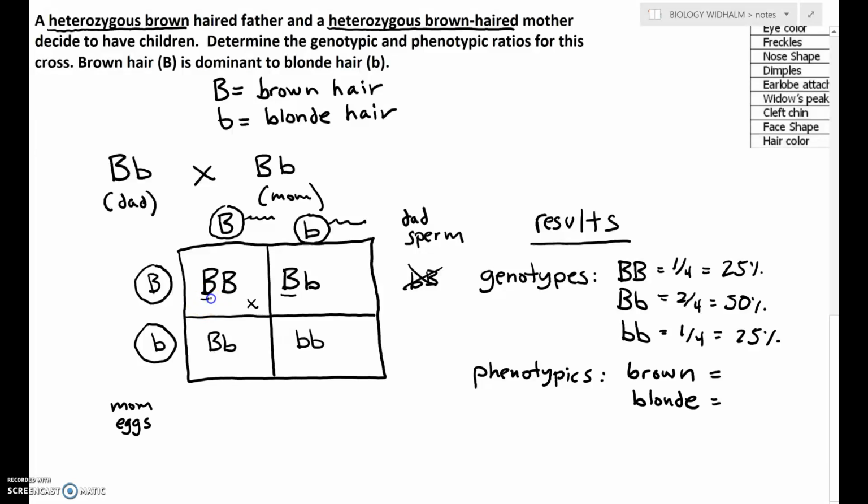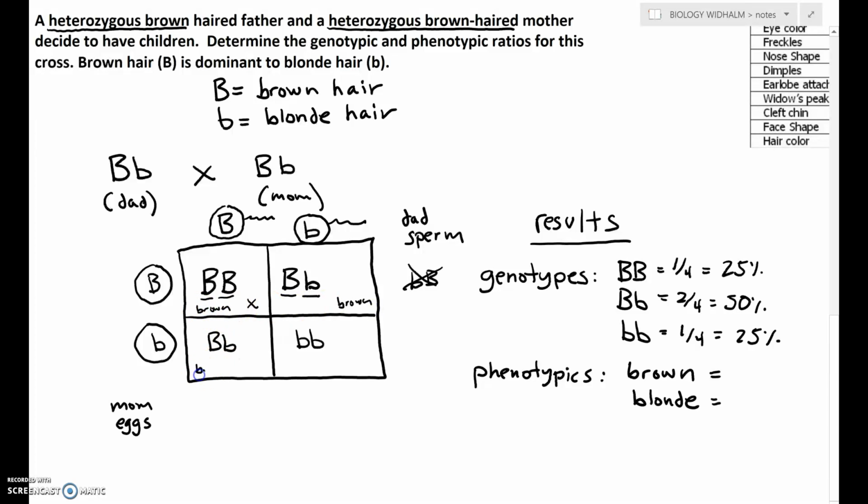So if we have a big B and a big B together, we're going to see the dominant gene obviously prevail. It's going to be brown hair. This is also going to be brown hair because we have a dominant gene paired with a recessive gene, so it covers up the recessive gene. We're going to see brown hair here. So we got brown here, brown here.